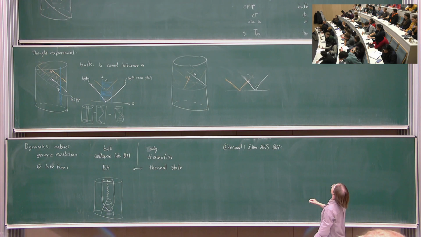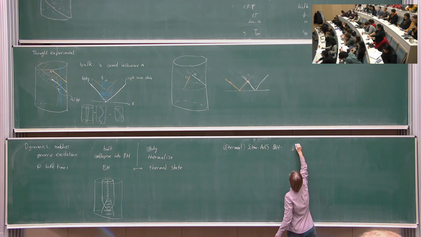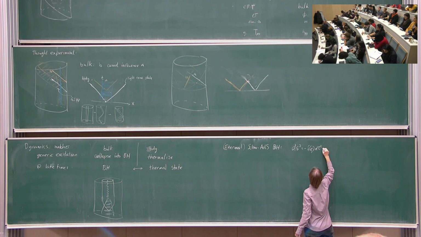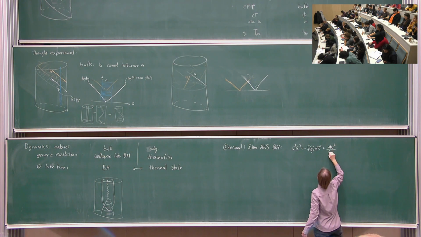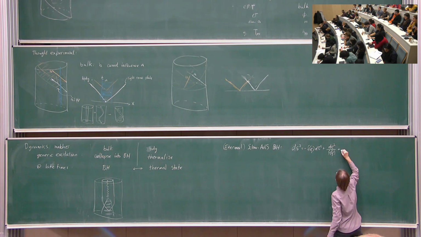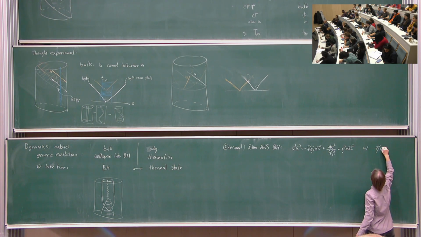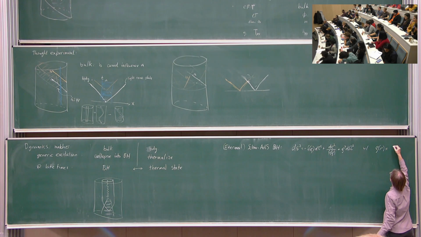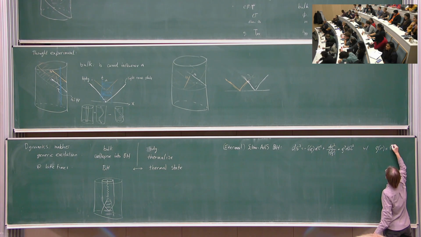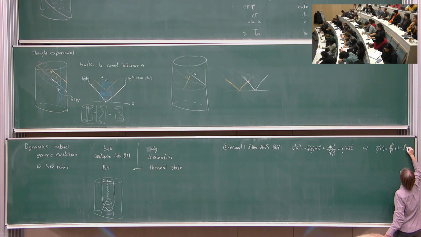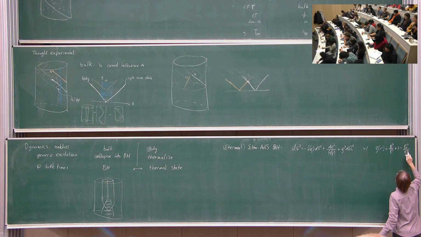Oh, did I erase it? I guess I erased it. Okay, so it's a spherical black hole, a global AdS black hole, with this function being not just the AdS part, but it also has a horizon and a singularity.